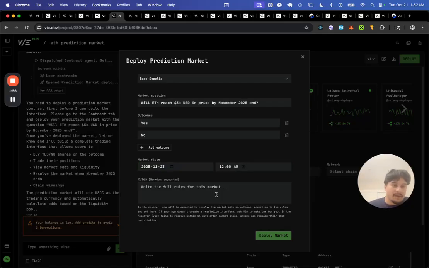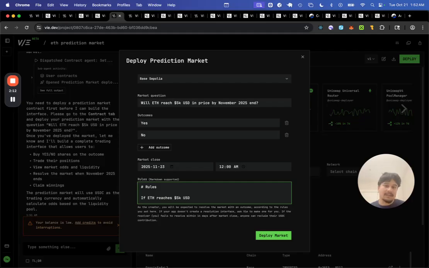I mean, with a market like this, we probably have a bit more complex rules, but we can stick this here, and we will be like, if ETH reaches 5K USD in price on CoinGecko as the source by November 30th, this will resolve to yes.